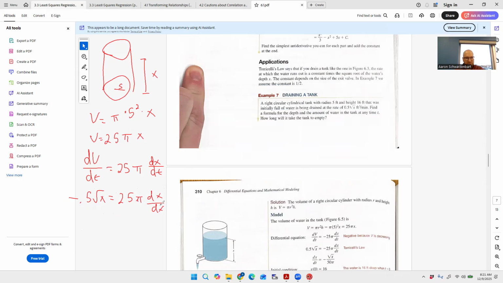I think that makes way more sense than putting the negative on the other side. I'd put it in with what they substitute for me. So I need to solve this for dx/dt. We're going to get the differential by itself, the differential being the dx/dt. So I will divide by 25 pi.